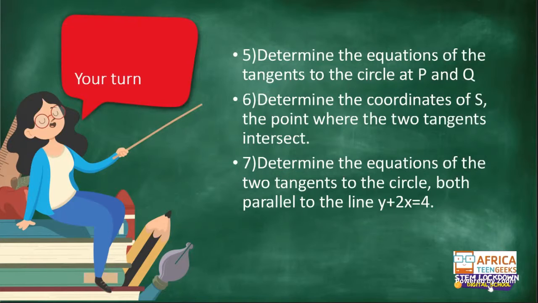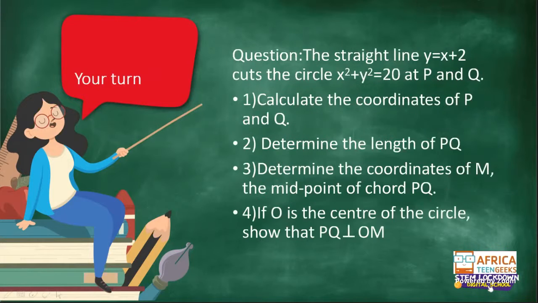So I go back again, so that if you did not finish writing the question, you can write it. The straight line y equals x plus 2 cuts the circle x squared plus y squared equals 20 at P and Q. Calculate the coordinates of P and Q. Determine the length of PQ.